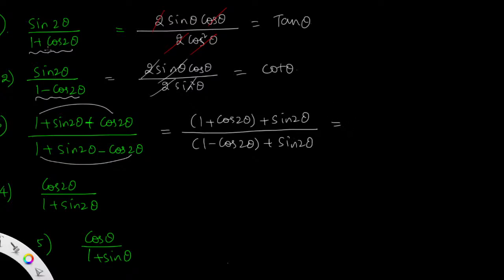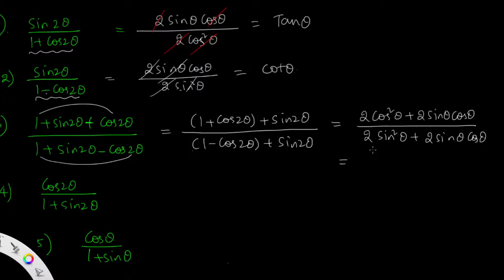So 1 plus cos 2 theta is equal to 2 cos square theta, plus sin 2 theta is 2 sin theta cos theta, divided by 1 minus cos 2 theta, that is 2 sin square theta plus 2 sin theta cos theta.